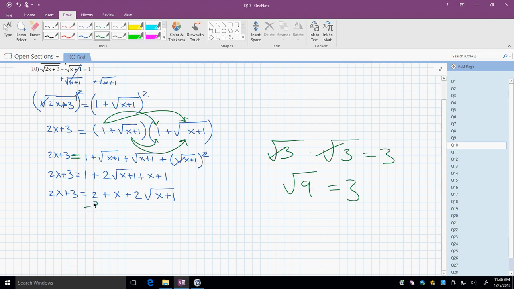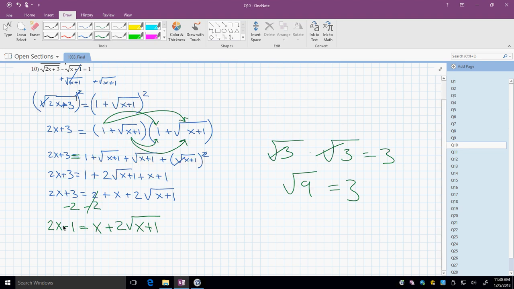So I'm going to subtract 2, and I'm going to subtract 2, cancel here. Now I have 2x minus 1 equals x plus 2 square root of x plus 1. Now I'm going to move the x to the other side.